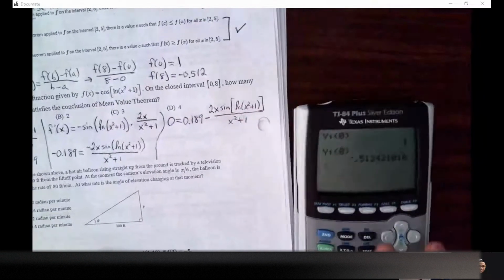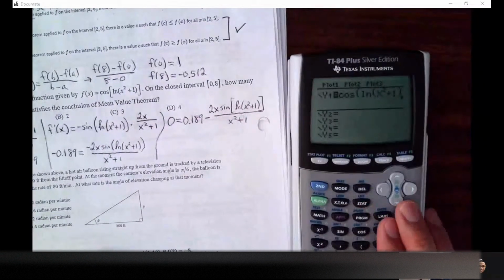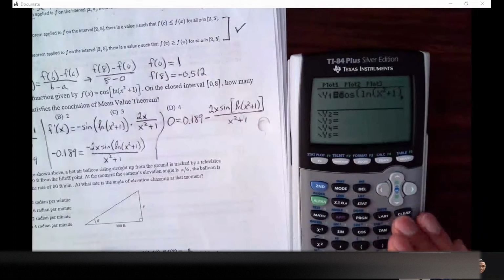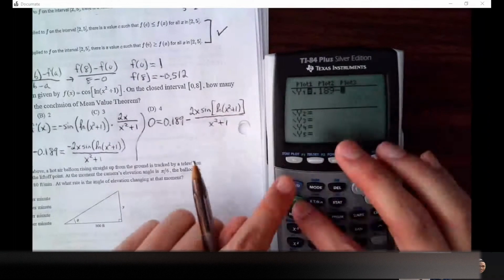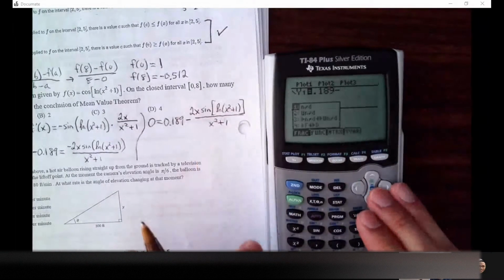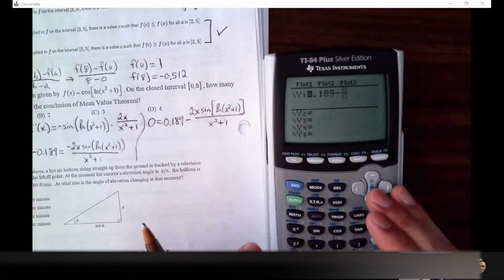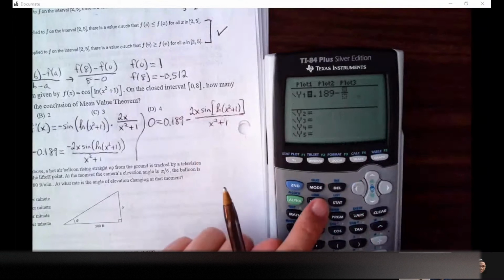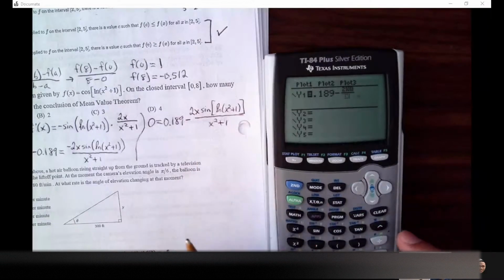So let me enter that in here. Make sure again that you're in radian mode.